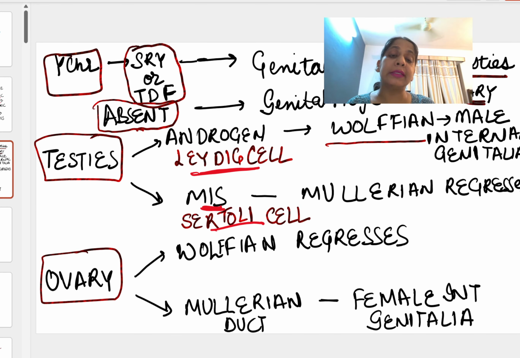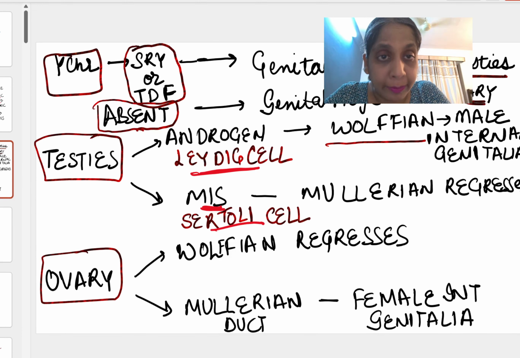Due to the absence of the Y chromosome and of testosterone, the Wolffian duct will regress and the Mullerian duct will grow, because there is an absence of androgen and also an absence of Mullerian inhibiting substance. So now the Mullerian duct will grow and form the female internal genitalia.